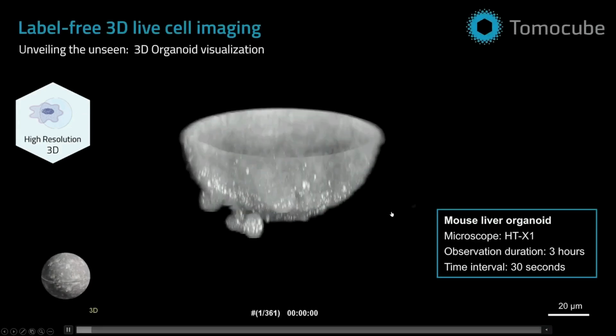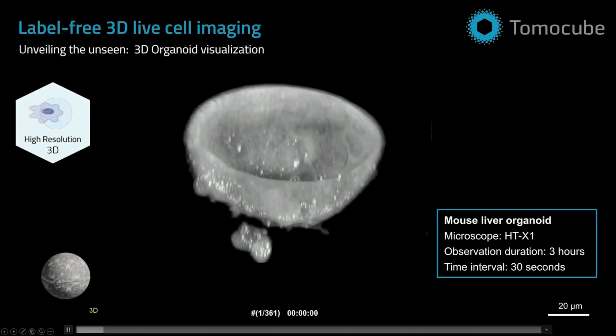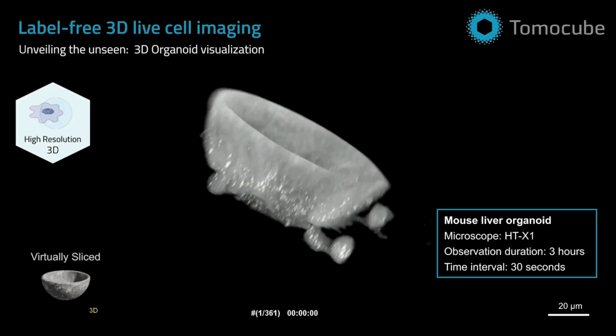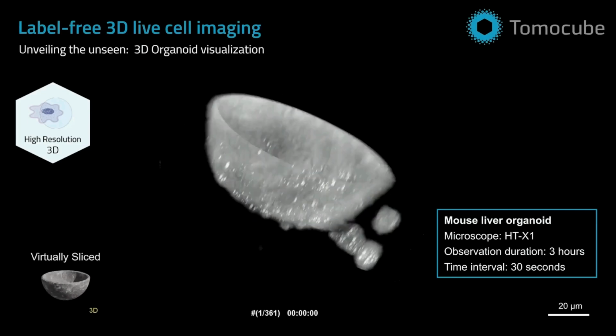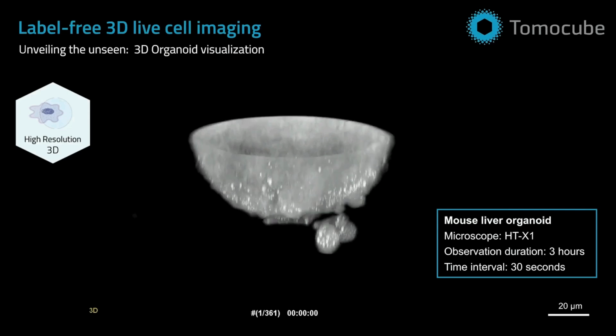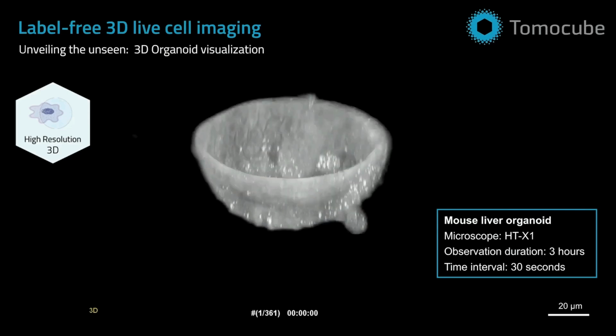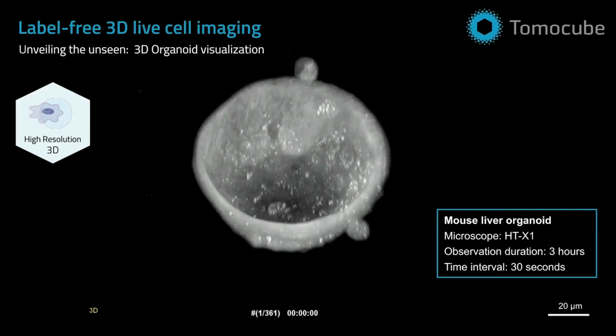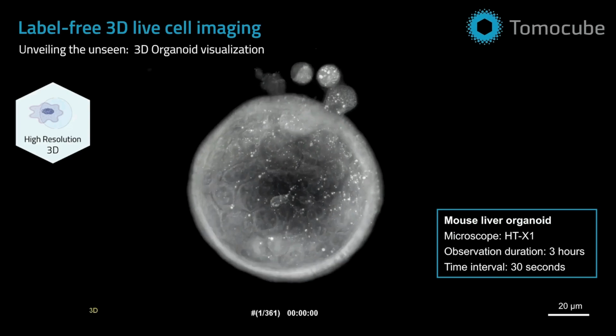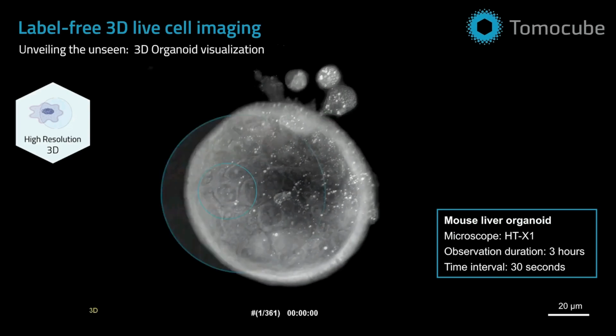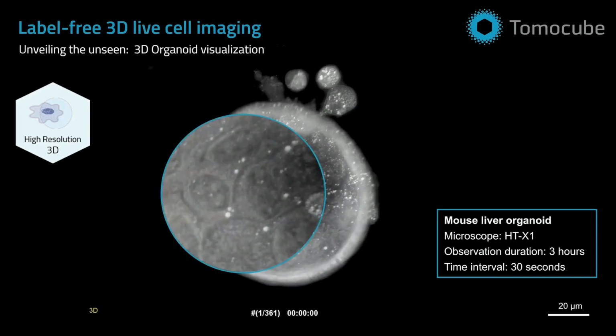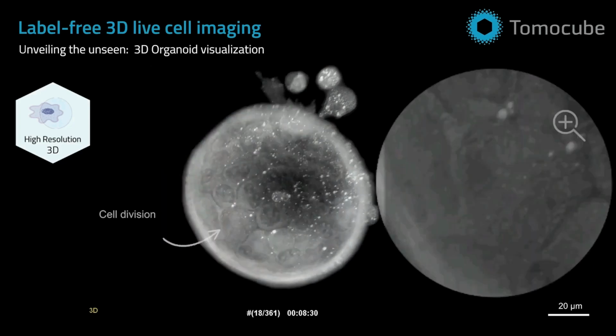Organoids are one of the fastest-growing fields, and the size of organoids varies depending on application, from like 50 micrometers to 1 millimeter. We can measure up to 150 micrometer organoid size, and this is what you can do. You don't have to change any protocols. You can just keep organoids in Matrigel, so the organoids are very happy and alive, and they grow over time.